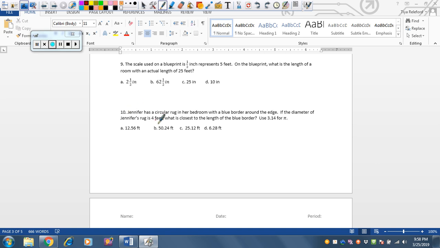Number 10 says Jennifer has a circular rug in her bedroom with a blue border around the edge. So we're talking about a circle. You should draw the picture. When we're talking about a border or something around the edge, what is that on a circle?